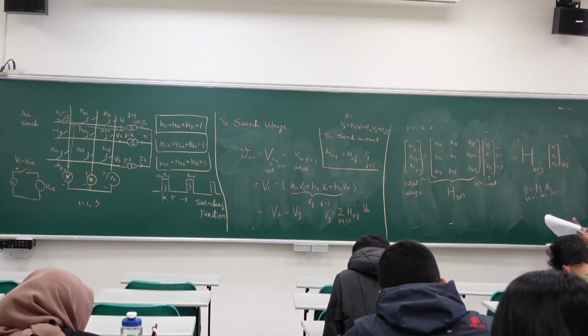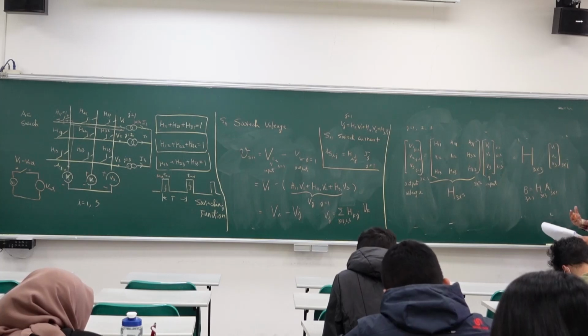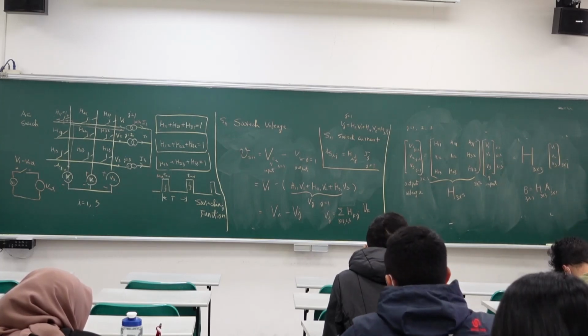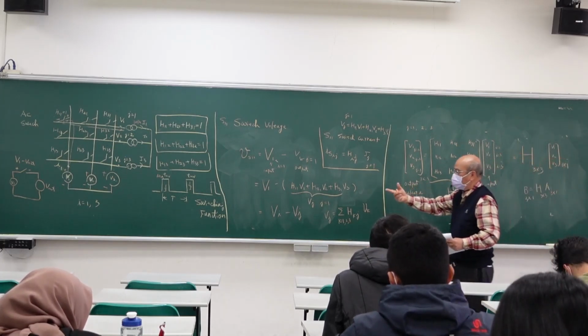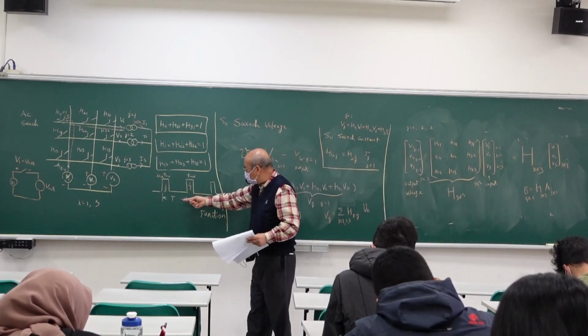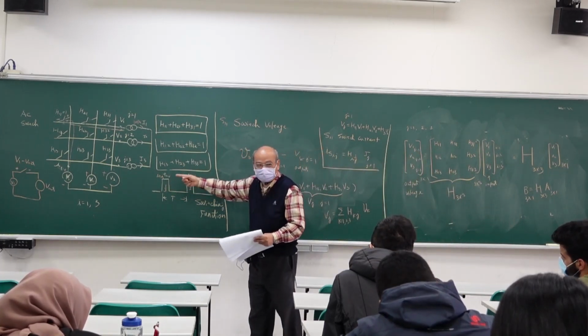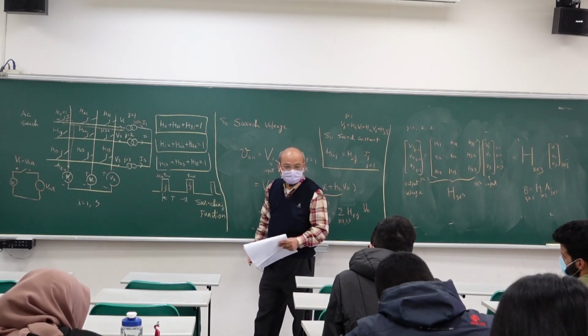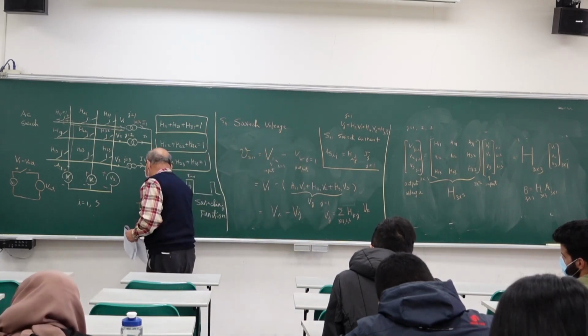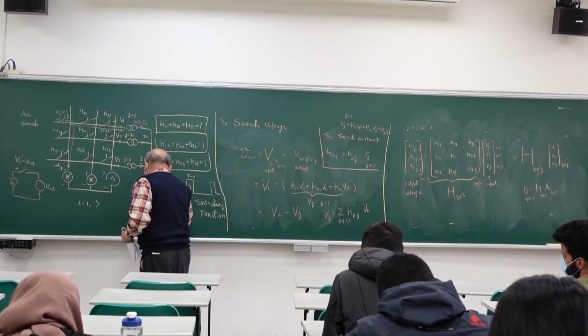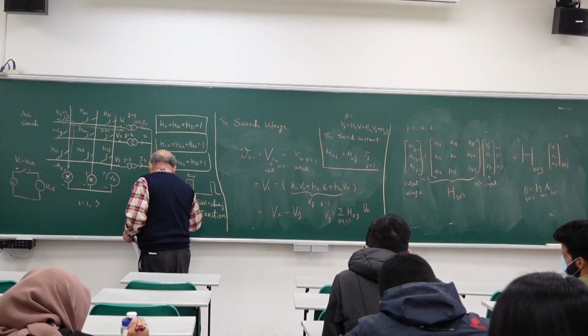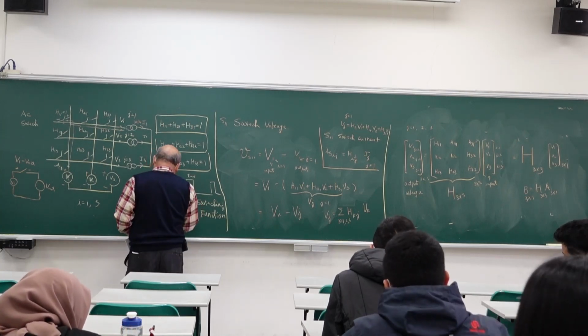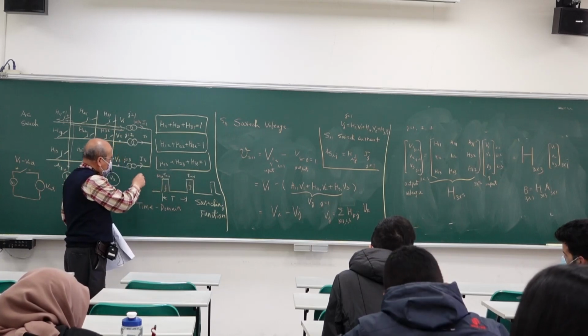So we should learn it from the switching function. But the switching function is like this. Is this time domain or frequency domain? It is time domain. If it is time domain, can you learn its harmonics?